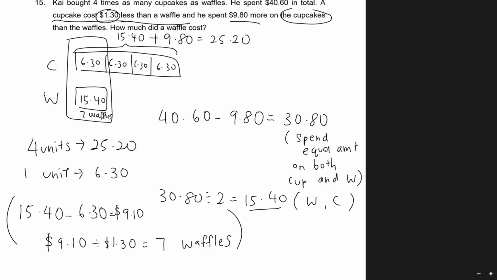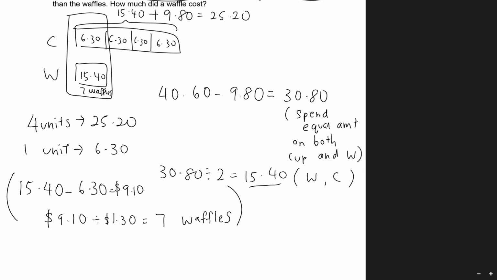And the question says that a cupcake costs $1.30 cheaper than a waffle. So if every 1 waffle is $1.30 and he actually spent a $9.10 difference for every 1 unit, we know that he has bought 7 waffles. He has to buy 7 waffles, and that's the reason why there's a difference of $9.10.